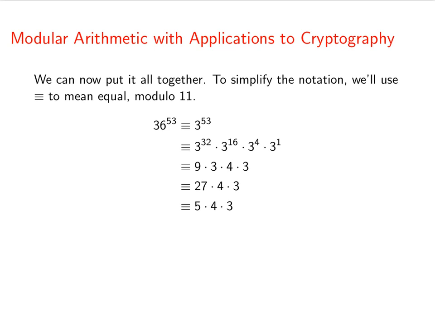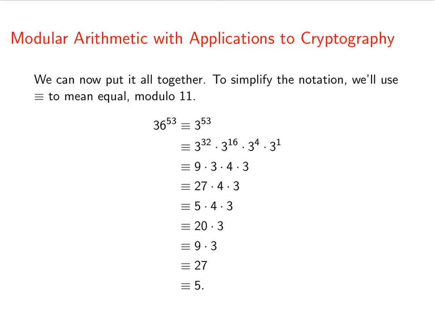And we're going to keep doing this bit by bit. 5 times 4 turns into 20, and now we'll reduce 20 mod 11. 20 mod 11 is 9, and now we're finally reduced to 9 times 3. That's 27, and then we reduce that mod 11, and that gives us our final answer of 5.